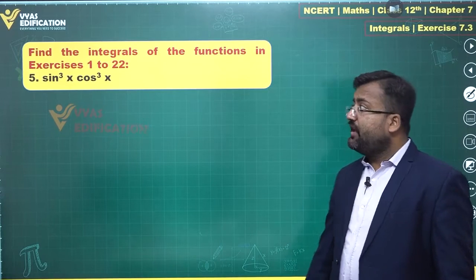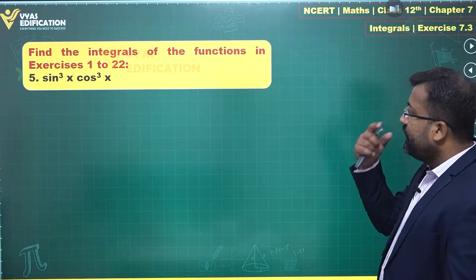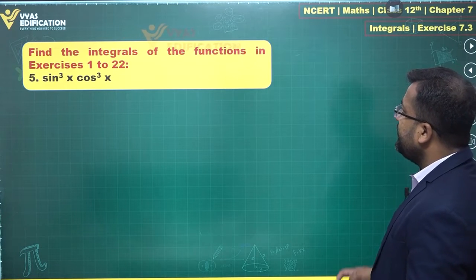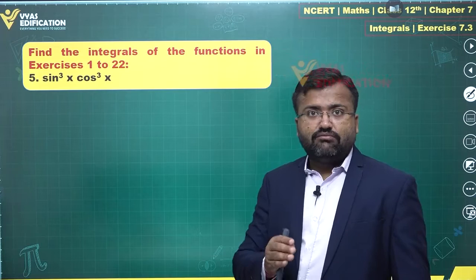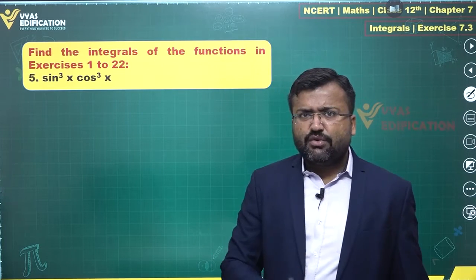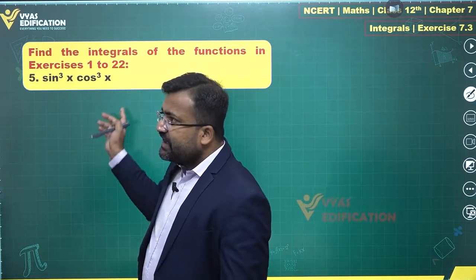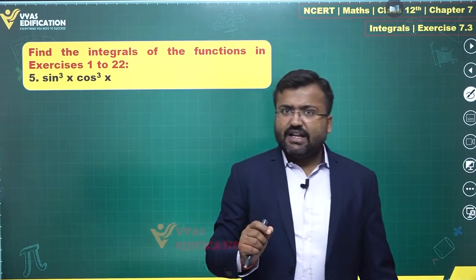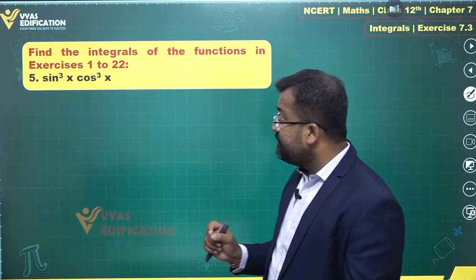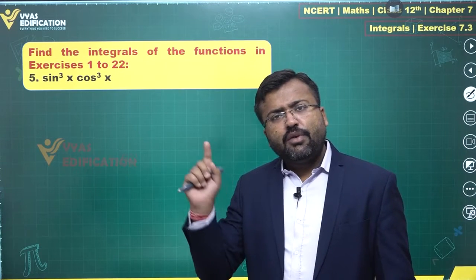In the fifth question, we have sine cube x into cos cube x. How do we deal with this one? There can be various approaches. One of the approaches is that I observe sin x into cos x power 3, right? So sin x times cos x can be written as sin 2x by 2, and there will be power 3.